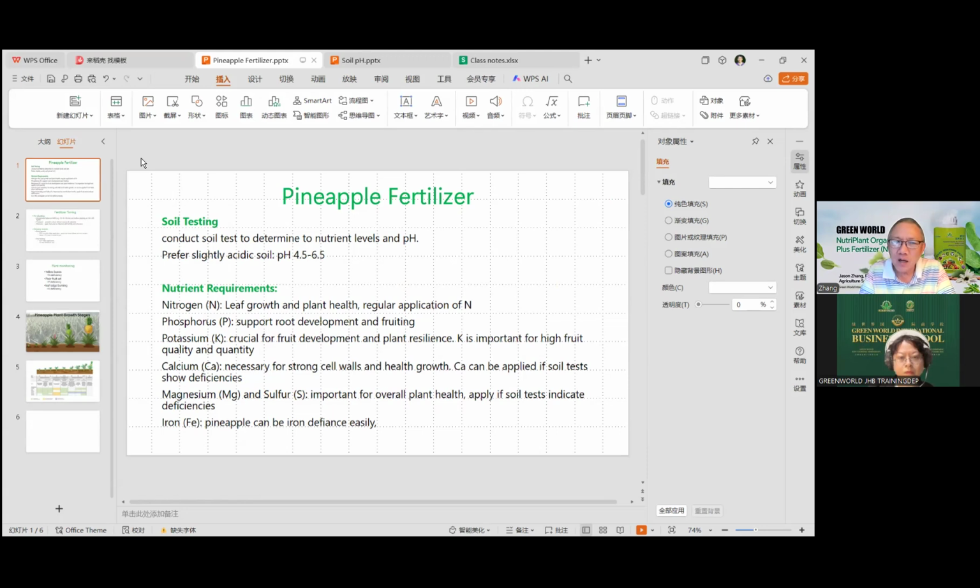A lot of the time, the fertilizers and nutrients in the soil cannot be used by plants. So we need to help make them available. One of the easiest ways is to give them water. We give them water, nitrogen or other water-soluble nutrients will be available for plants to use.